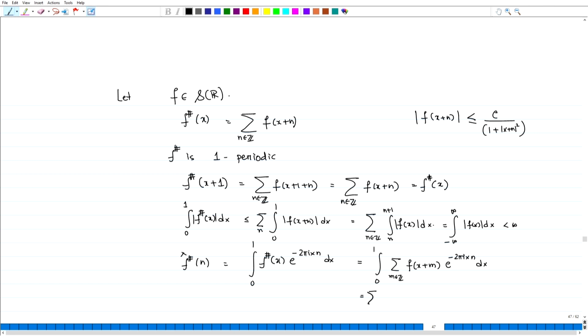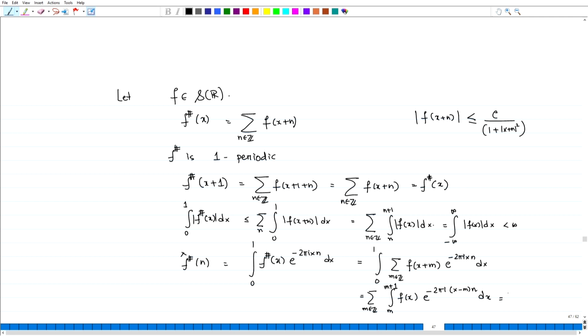So if I take the sum out, then I make a change of variable: if I replace x plus m by x, the limits become m to m plus 1, and e to the power minus 2 pi i times x minus m, times n, dx.